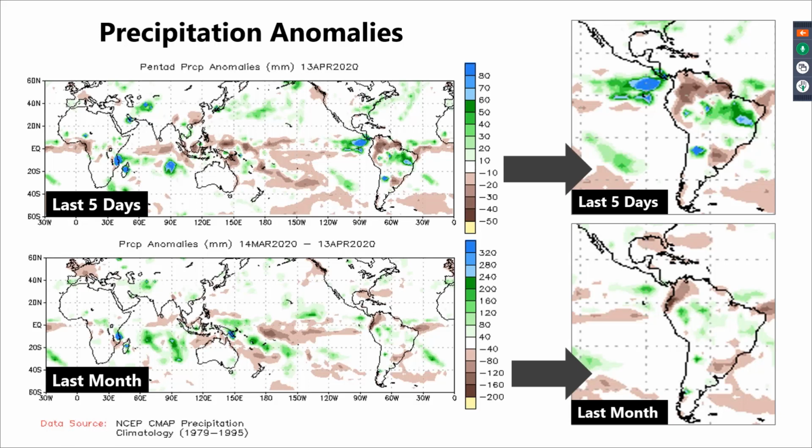But then once you get to eastern Colombia into the Guyanas, it's been below average. Just so you know, this graphic, look at the date. This is the latest I could get, April 13th, so it's not updated. The Guyanas just got some heavy rainfall in the last 4 days. So this is very likely different at the moment, but this wasn't captured by this analysis.